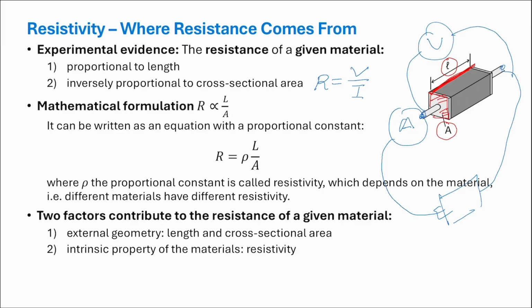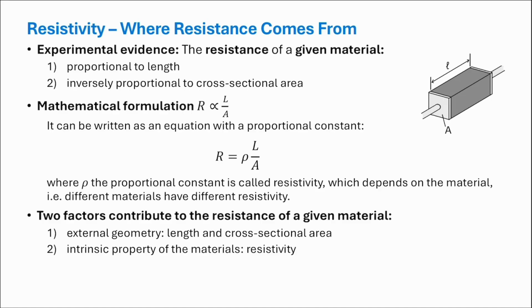So what happens? If someone doubles the length of this particular resistor, they will find the resistance also doubles. So R is proportional to L, the length of this resistor. We also found that if we increase the area, say double the area, the resistance actually reduces to a half.